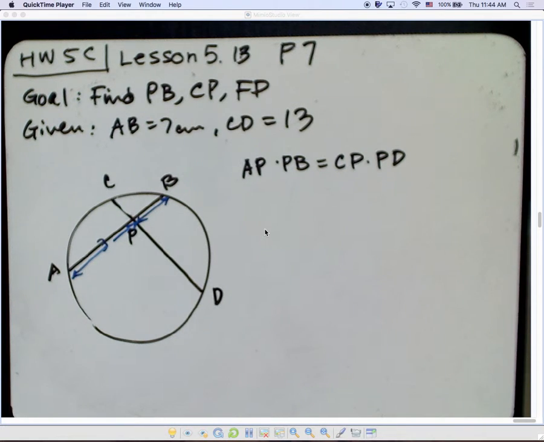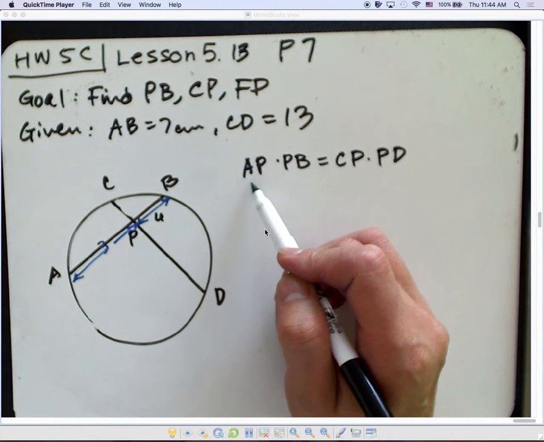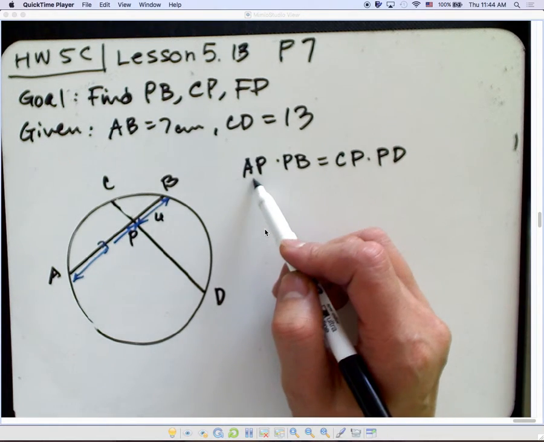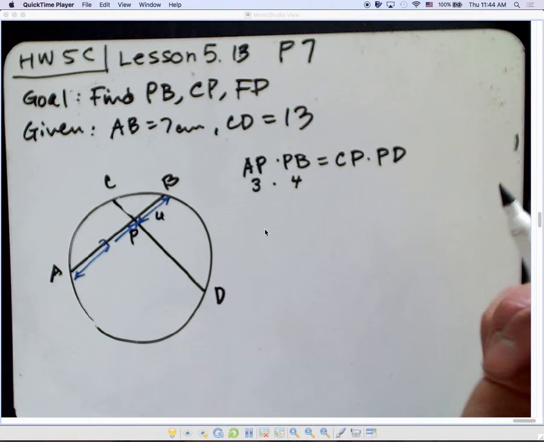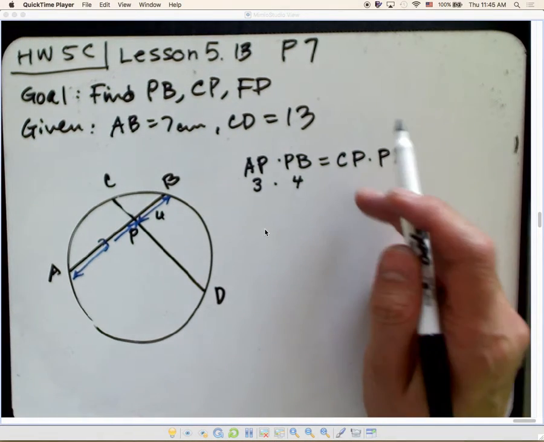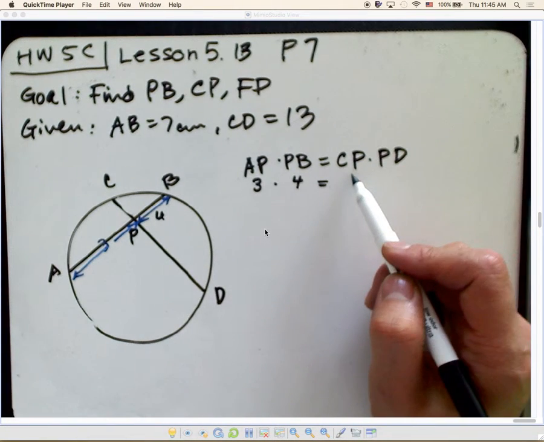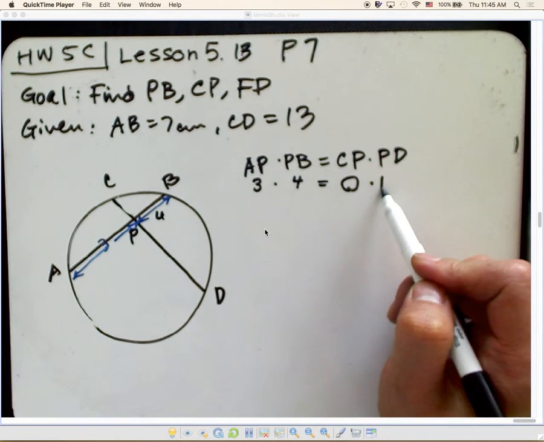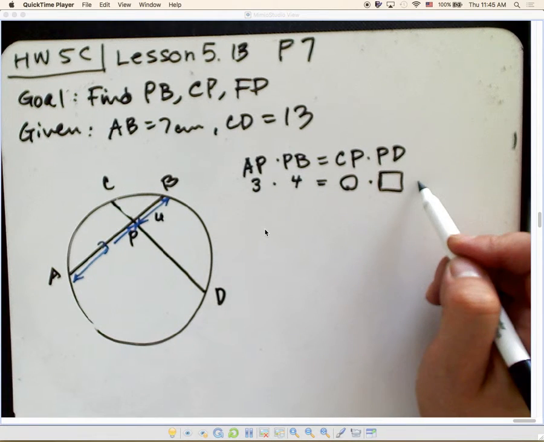PB should be 4. So AP times PB equals 3 times 4, and we have to find CP and PD. Some number CP and some other number PD have to multiply to 12.